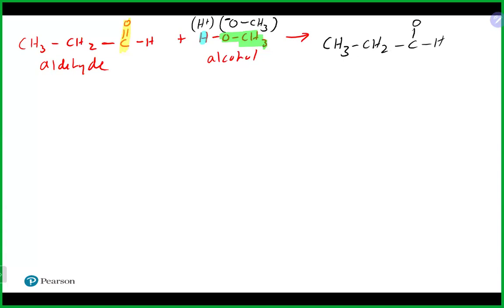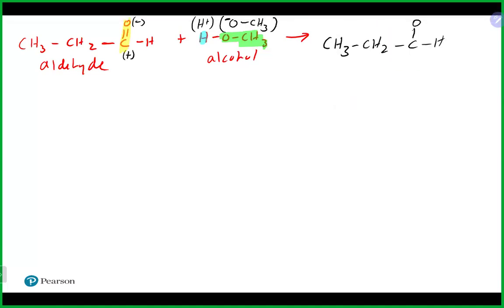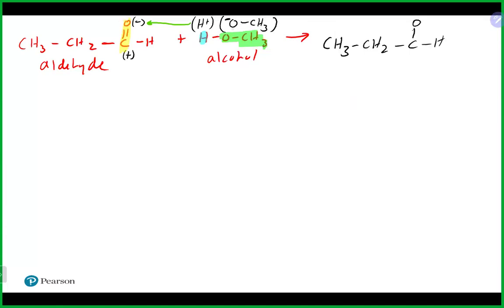Now, when we talk about this carbon-oxygen double bond, as I mentioned before, it is a polar bond where the carbon is more positive, the oxygen is more negative, and this is going to help determine where things are going to go because opposites are attracted to each other, right? So the positive hydrogen will end up over here at the negative oxygen part, and the negative oxygen carbon guy will end up over here at the carbon.